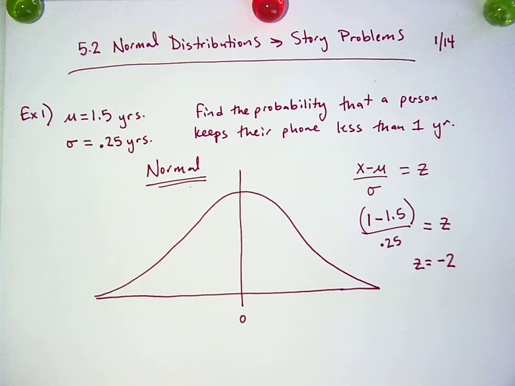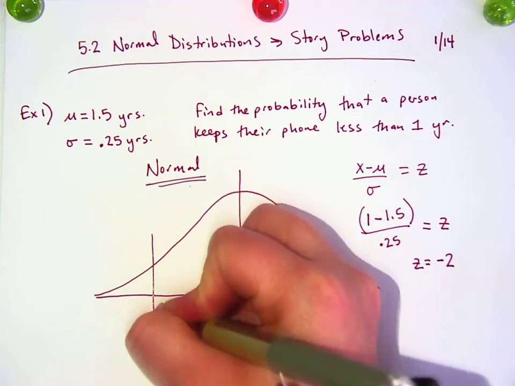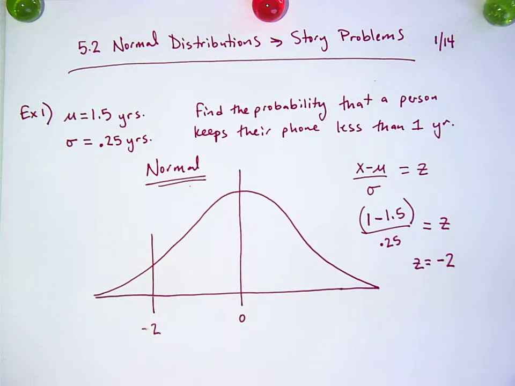Get it right, Carter? Yeah. Okay. Where's -2 on here? About here. There's about -2. We're just drawing a picture, right?